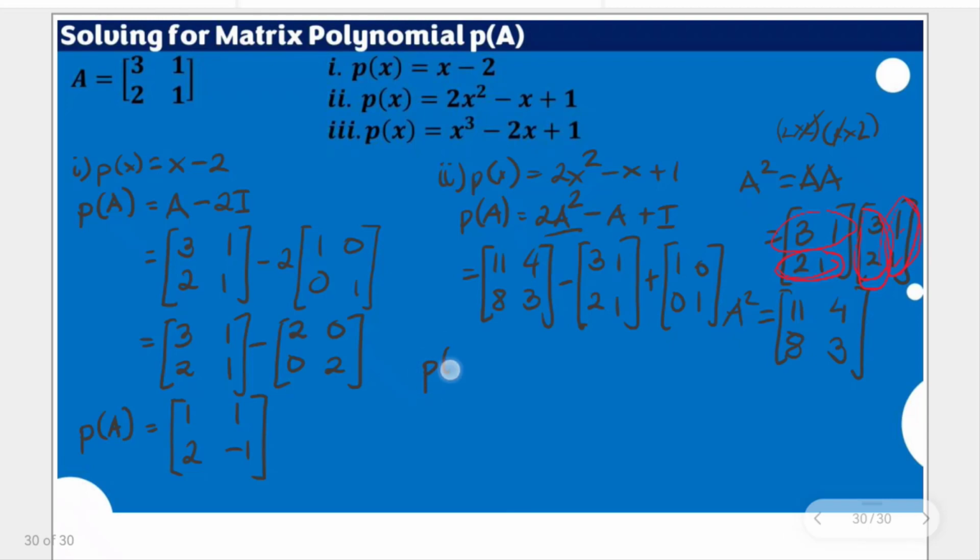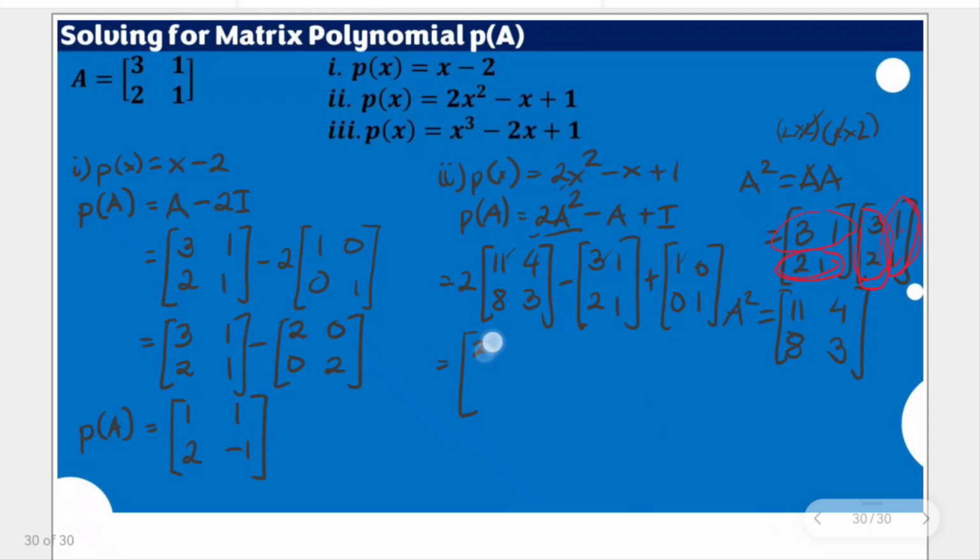So your matrix polynomial P of A is equal to, by the way, I forgot to show that this is still with a scalar 2 because we have the 2 here. So let's multiply first.